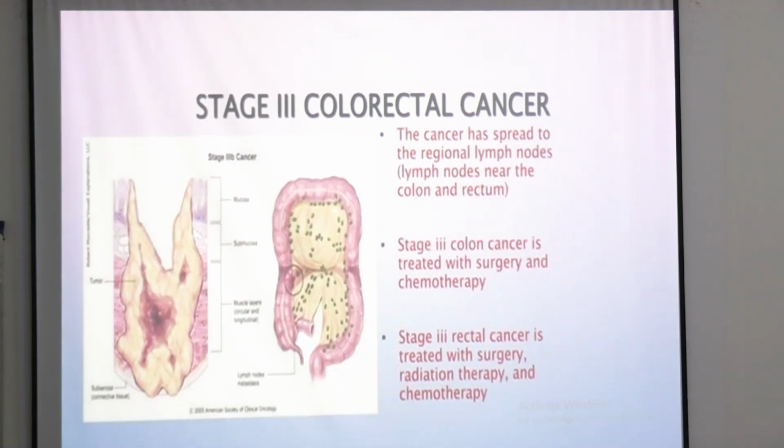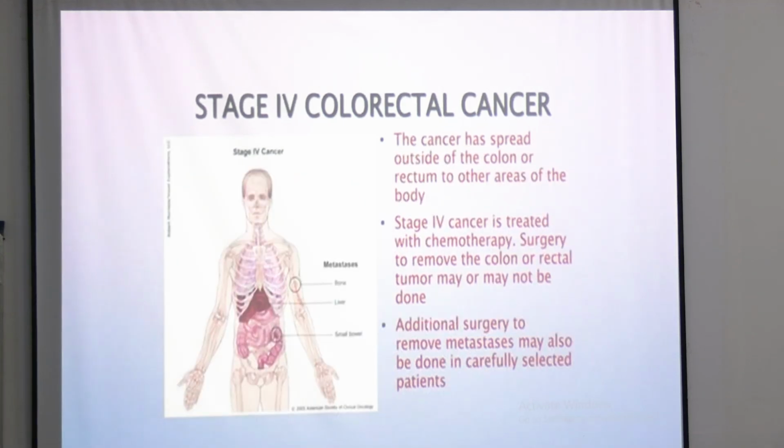Stage 3, there is presence of multiple lymph nodes, and it has crossed the serosa, and it is also treated with radiation, chemotherapy, surgery, all modalities together. And stage 4 is metastasis.